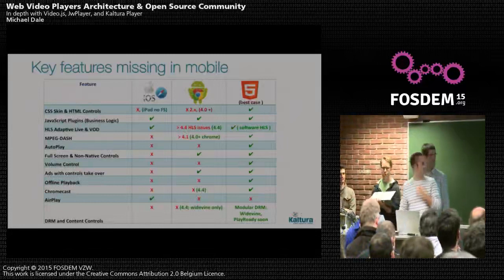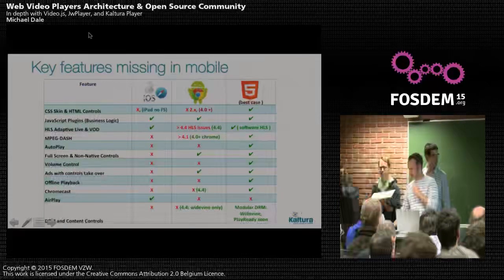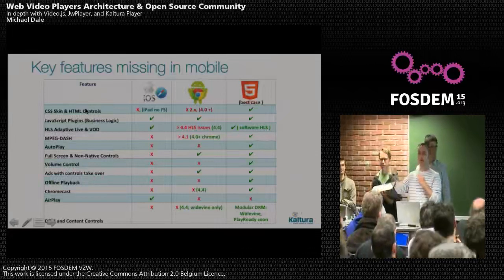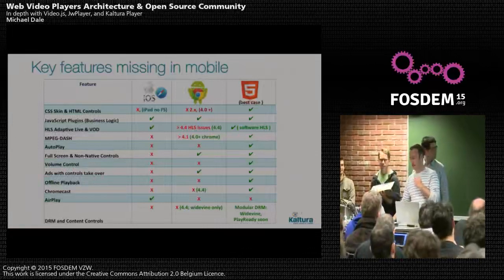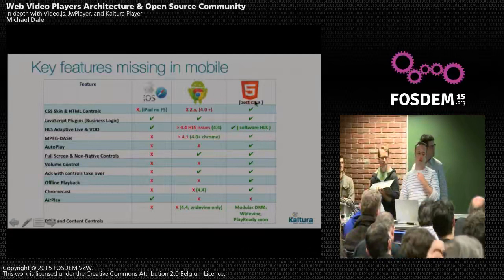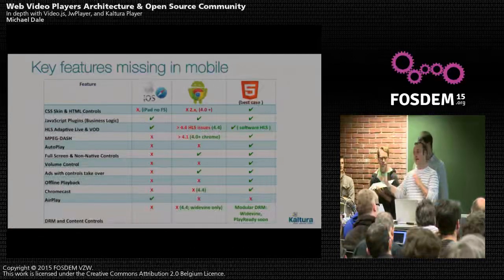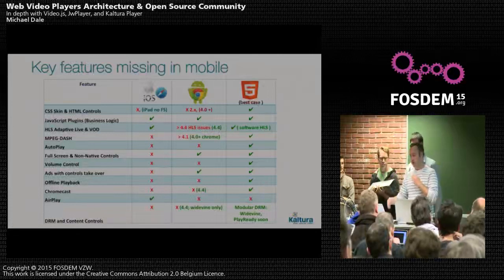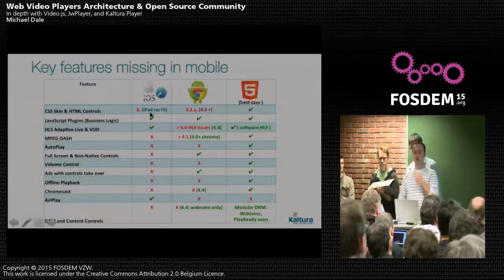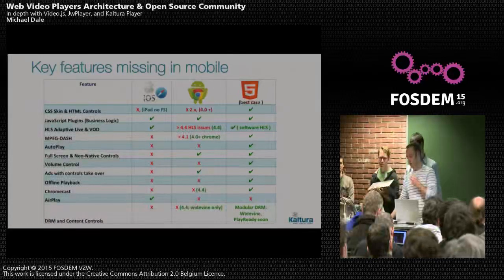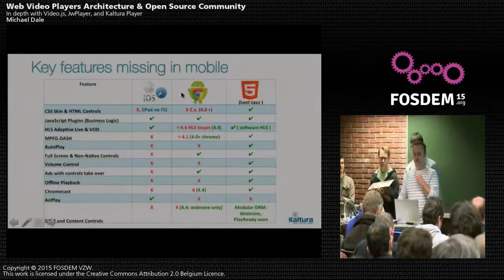So here you see some of the limitations outlined for mobile versus a full-featured HTML5. The best case HTML5 on the right-hand side would be something like Chrome or Firefox, the latest HTML5 browser, versus what you get by default on mobile Safari or mobile Chrome, depending on the Android version, of course.